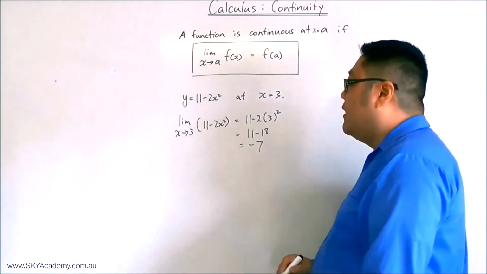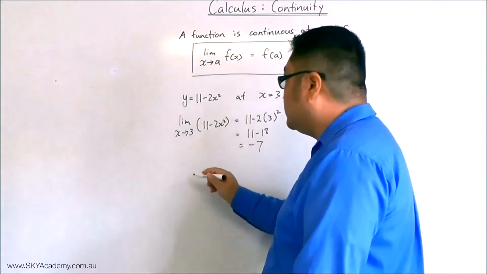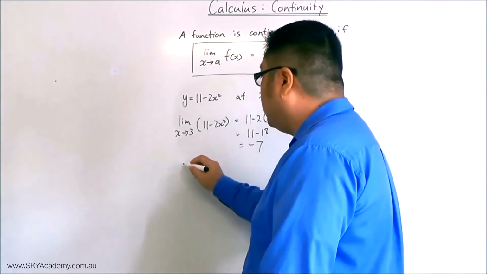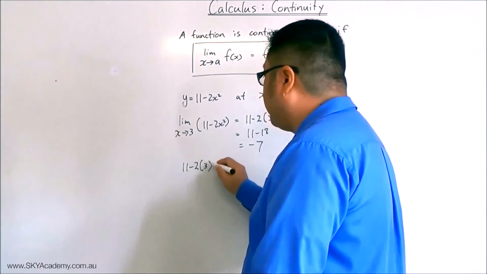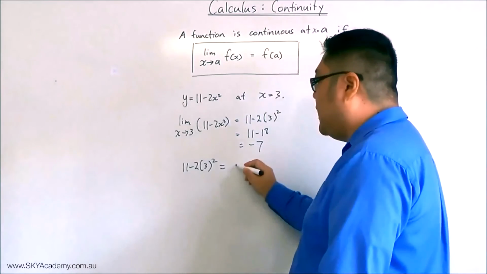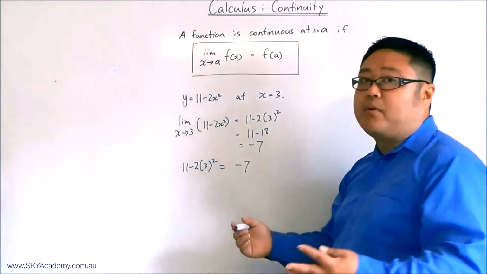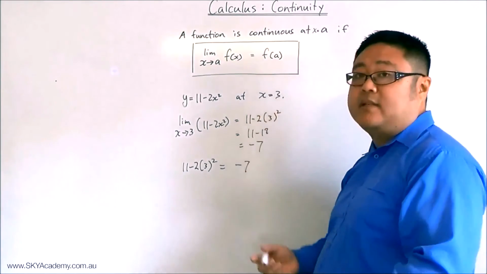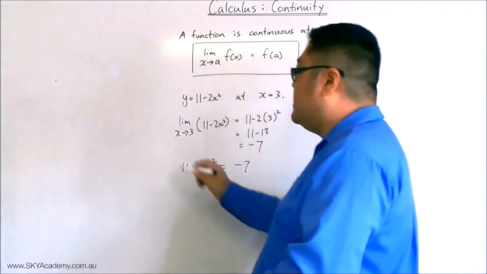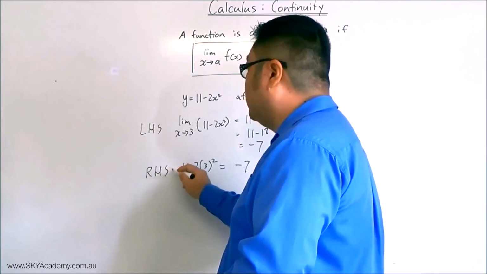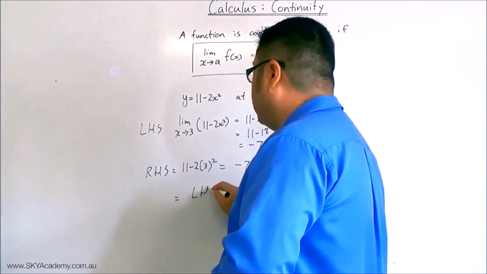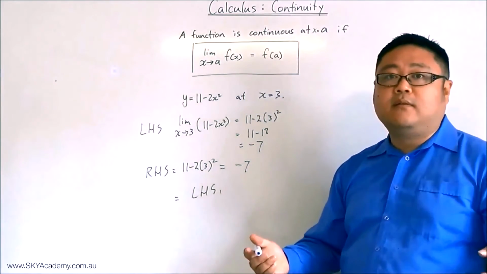And when we substitute it in, 11 minus 2 times 3 squared is also going to be equal to minus 7. There's no problem. The line is continuous at x equals 3. This is the left-hand side and this is the right-hand side, and they're equal. So the line is continuous.